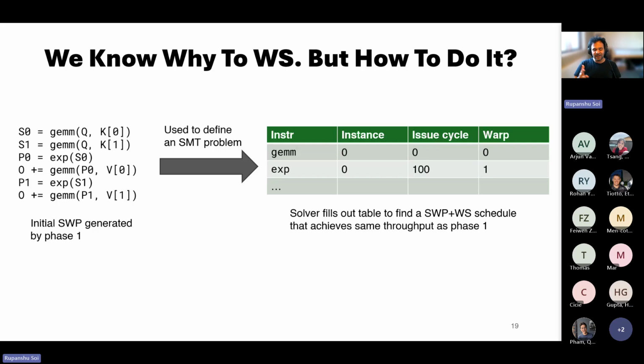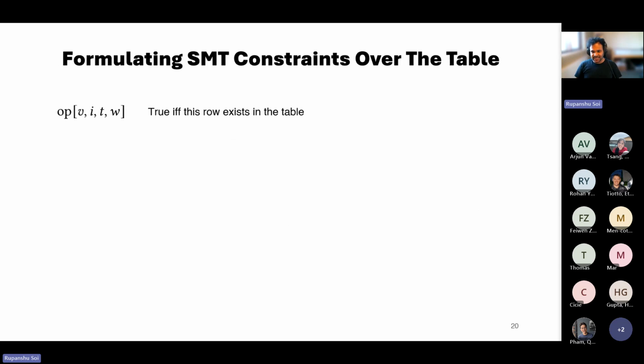And so it tries to find a satisfying assignment of adding all the instructions to this table. And once it finds that, that is guaranteed to be an optimal throughput pipeline and warp specialization strategy for your program. Okay. So I'm going to give you some examples of actual SMT constraints that we use.